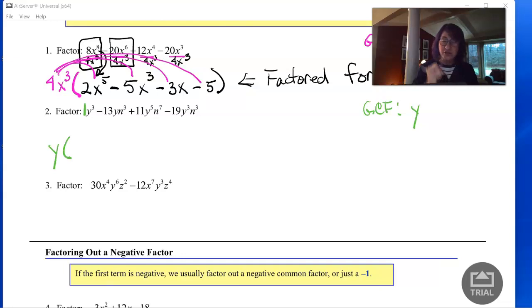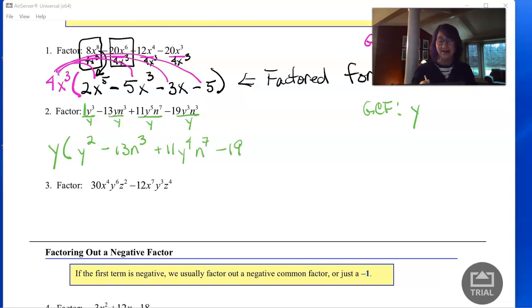So I can just in my head divide each of these terms by y. And now when I do that division, I'm going to be left with y squared minus 13n cubed plus 11y to the fourth n to the seventh minus 19y squared n cubed.